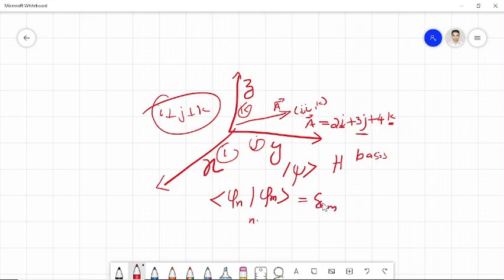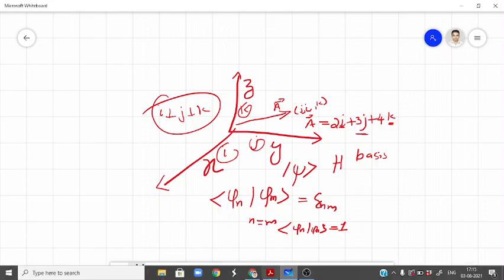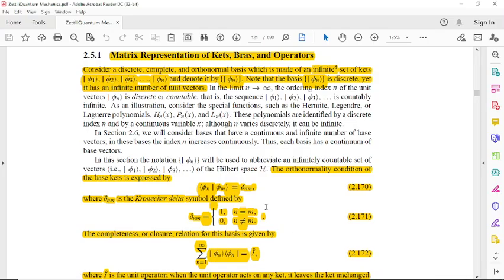When n equal to m, this is bracket phi n phi n equal to 1 when they are normalized. So we express bracket phi n phi m using the Kronecker delta symbol, which is equal to 1 when n equal to m and equal to 0 when n is not equal to m.